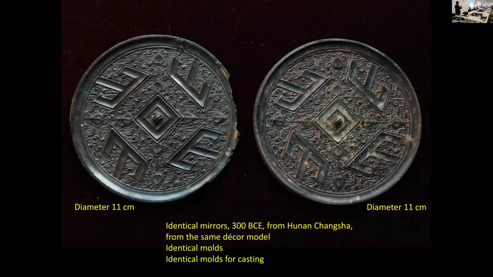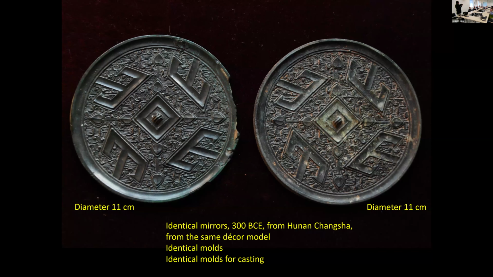Imagine this is a decorated model, and you replicate molds from it. A model is positive, looking exactly like the finished bronze mirror. A mold is negative.